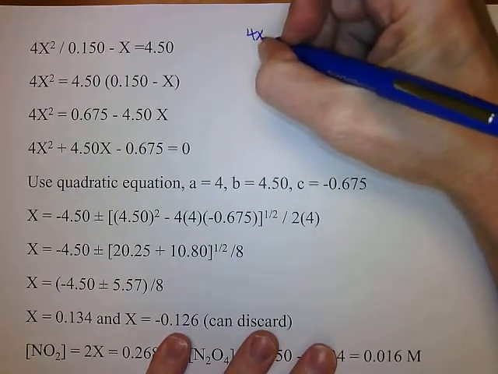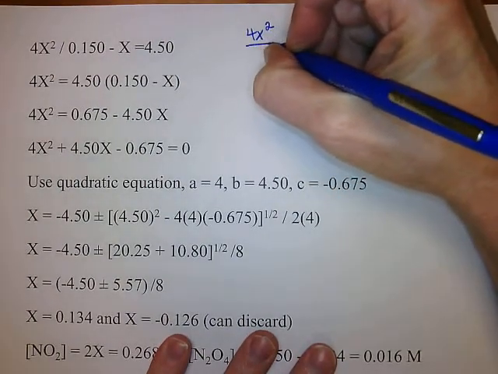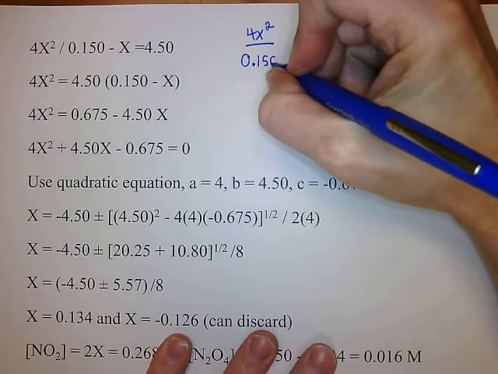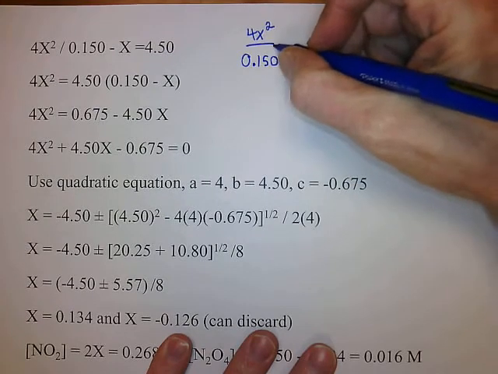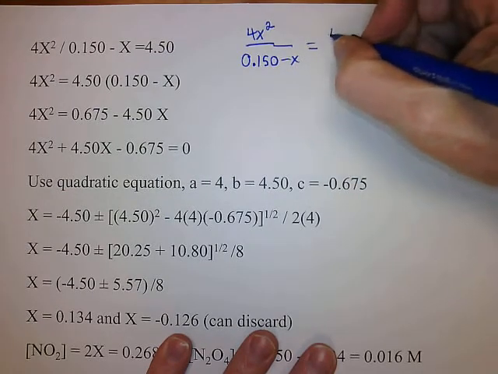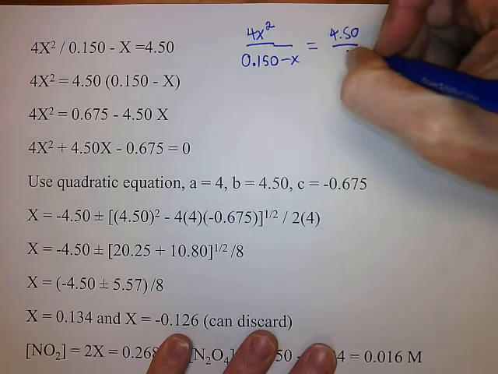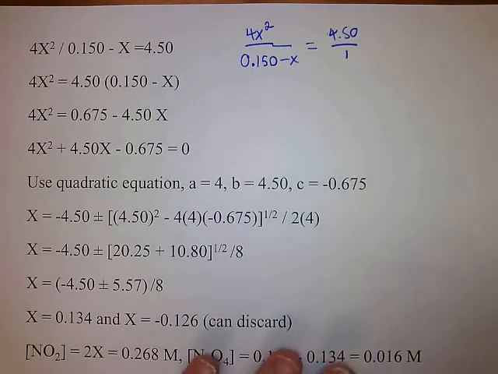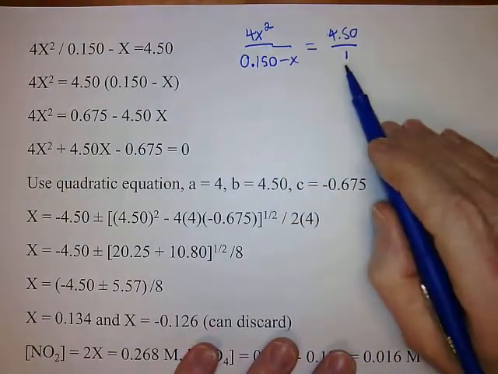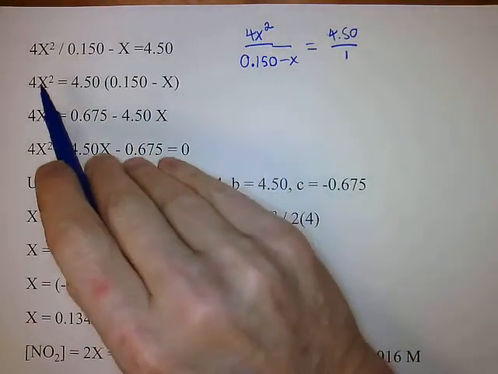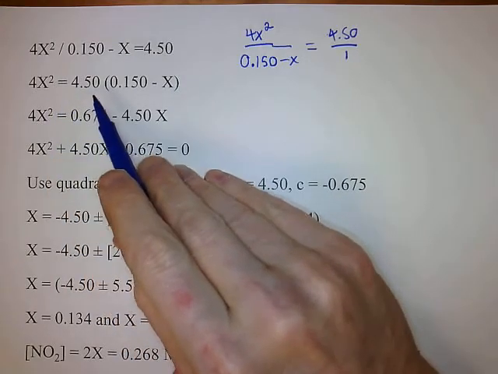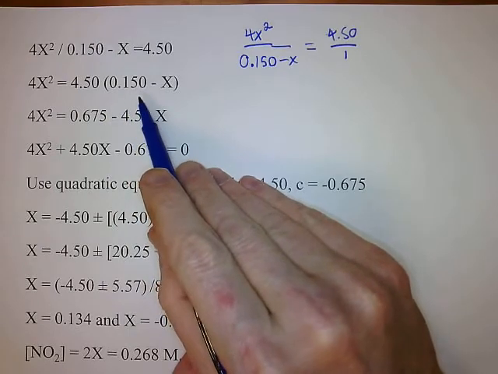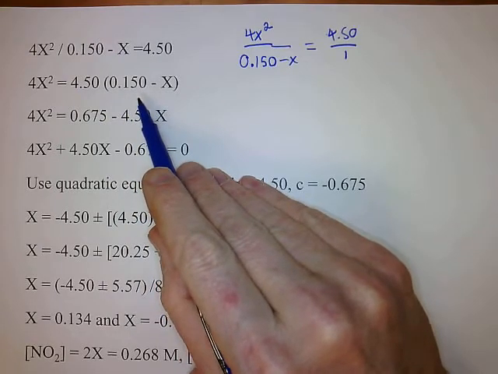So if you have 4x squared over 0.150 minus x is equal to 4.50 over 1. Anything divided by 1 is the number itself. So this times this is equal to this times this. That's what I did in the next step. So 4x squared is equal to 4.5 times 0.150 minus x.